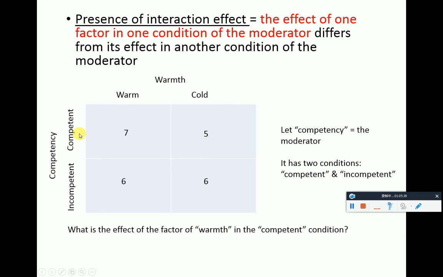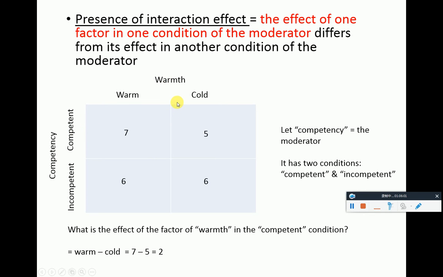Aha, you would say there should be, because in the competent condition, the warm Aaron is given a 7 for his perceived friendliness, and the cold Aaron is given a 5 for his perceived friendliness. So yes, there is an effect of warmth in the competent condition.